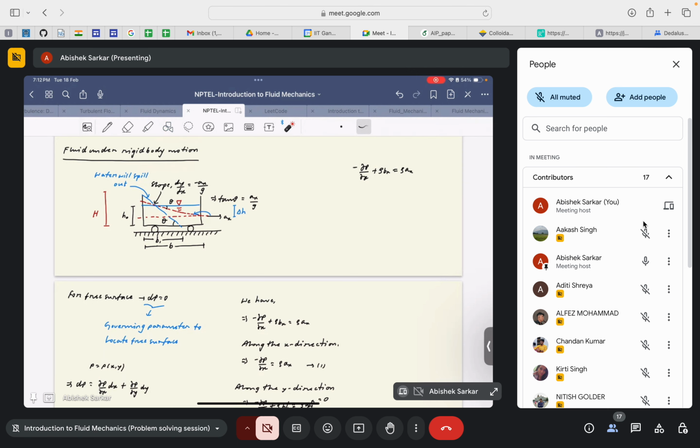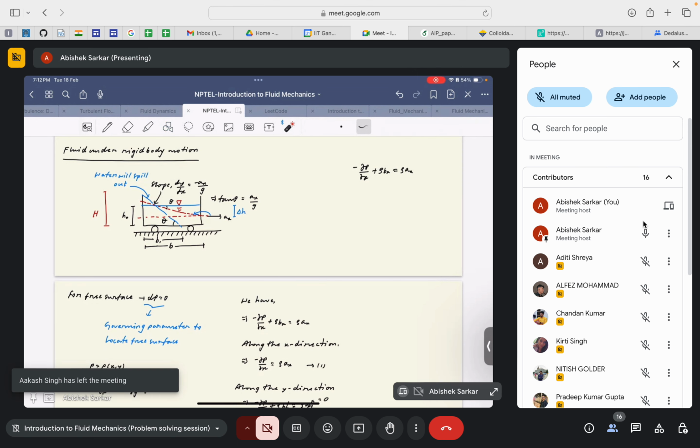Ironically, as Professor Chakraborty explains, it is not a fluid body at rest, but rather the case where the stresses that act on the fluid under this special kind of motion are the same as if it were at rest. So that's why we can consider it under the purview of fluid statics.